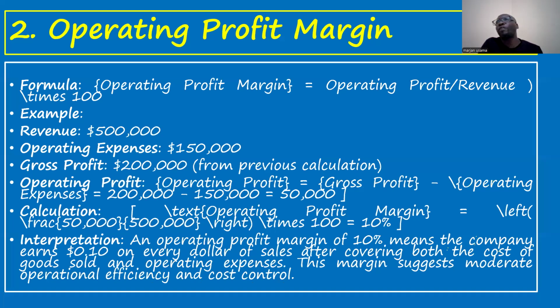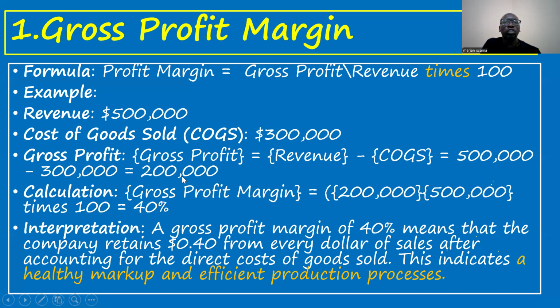Now, the operating profit margin, the formula is also there. The operating profit margin equals operating profit divided by revenue times 100. As easy as that. So in an exam, you can be given the revenue, which is 500,000, the operating expense as 150,000, and the gross profit from our previous calculation, which is 200,000.